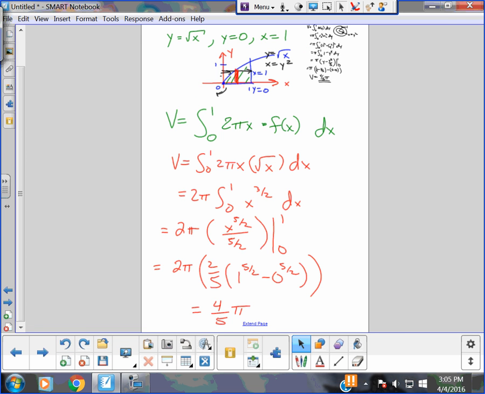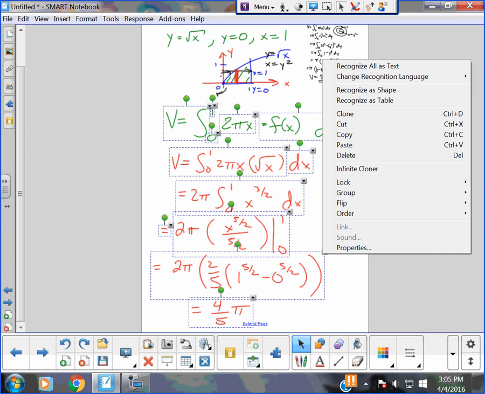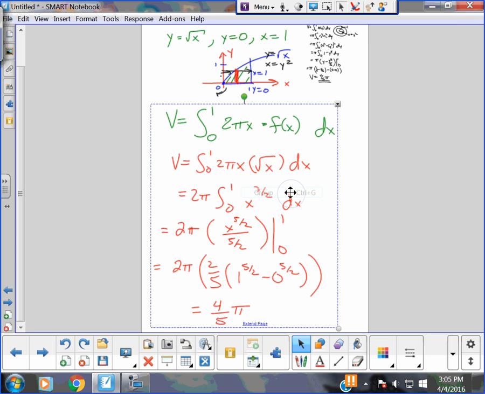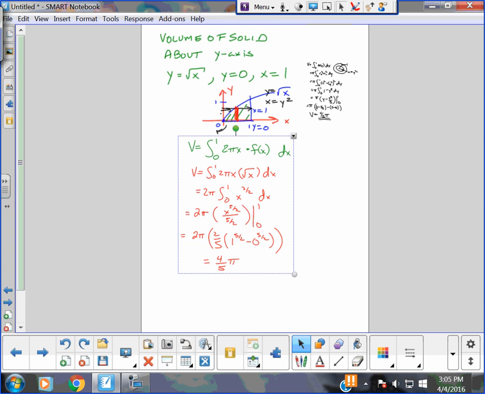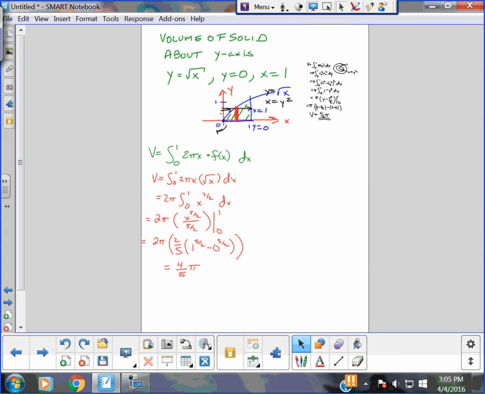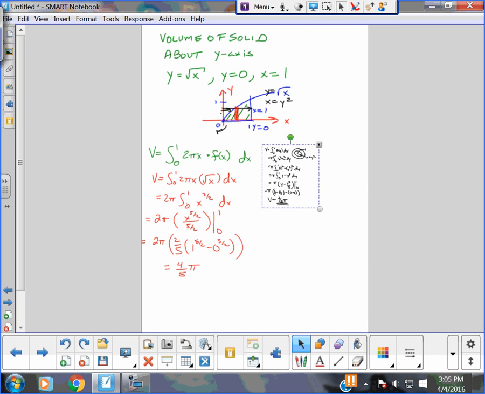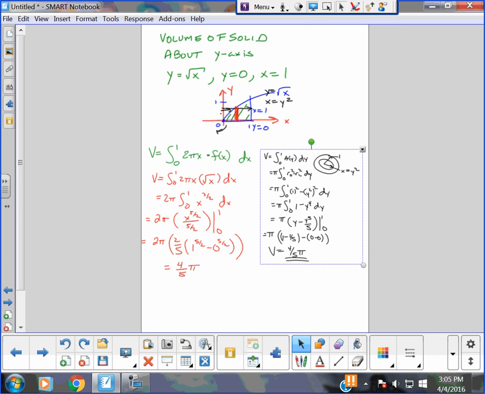Kind of a pain, right? But I think this is much easier in the long run, with a little bit of practice, than doing the butter knife cut over here. But they both end up at the same spot, and they have to, because we agreed we were finding the volume going about the y-axis.